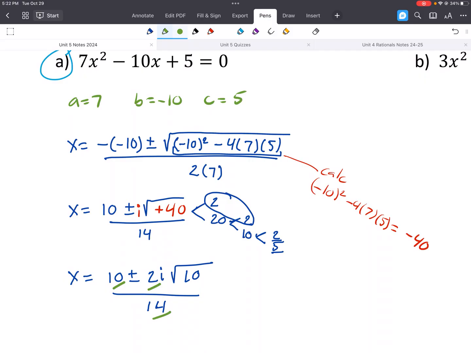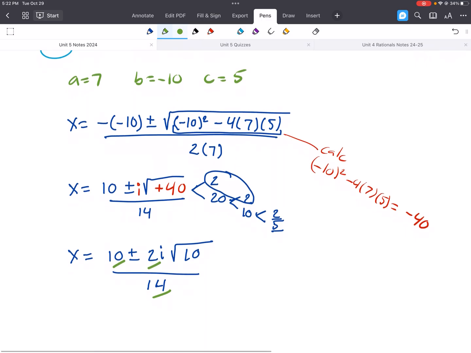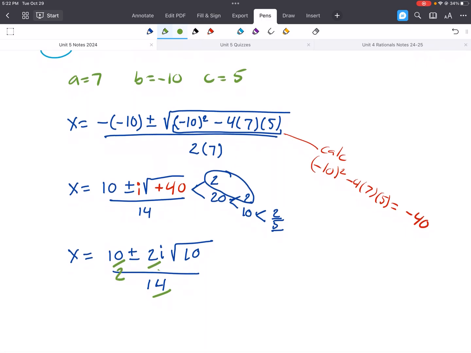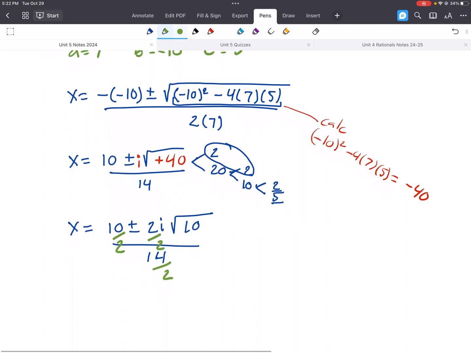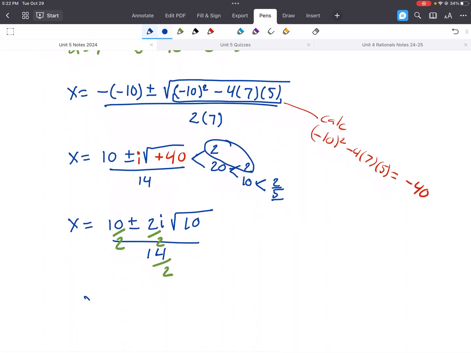You just can't add or subtract an imaginary and a real. So here it looks like we could divide everything by 2. So then our final answer is 5 plus or minus 1i, or you could just do i, square root of 10 over 7.